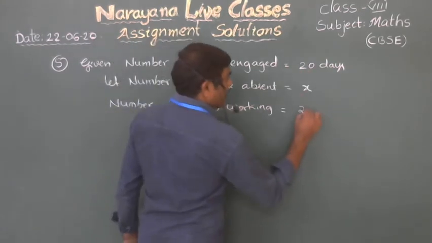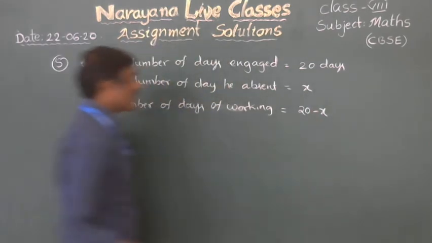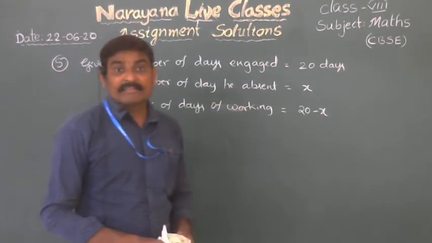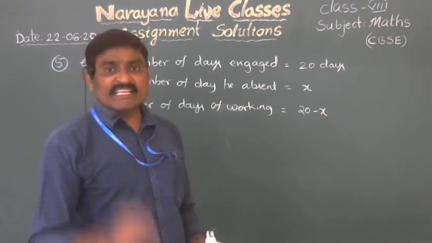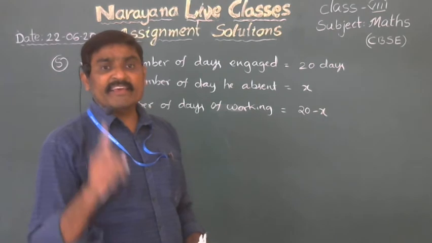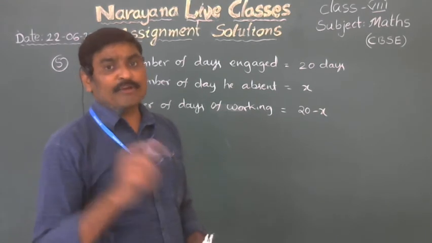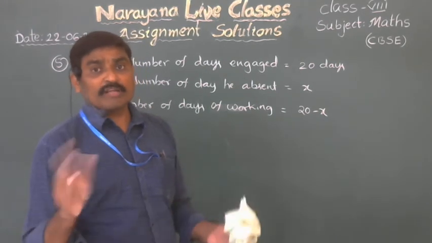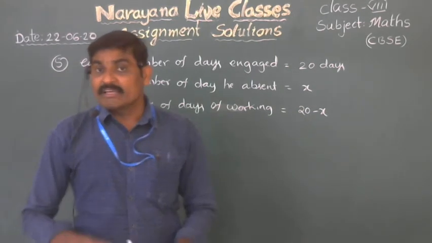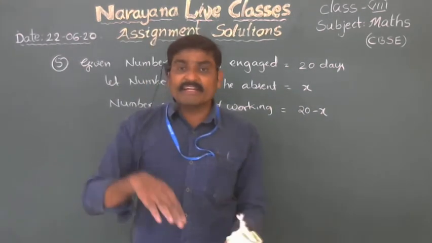So 20 minus x. For each present day he will receive 60 rupees, and for each absent day he is fined 5 rupees. That means, how will he get the total amount? Actually he needs to earn 20 into 60 rupees.